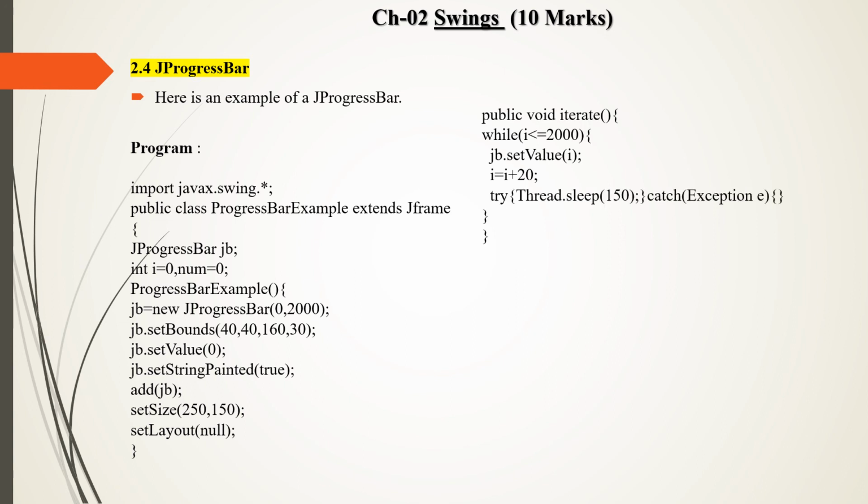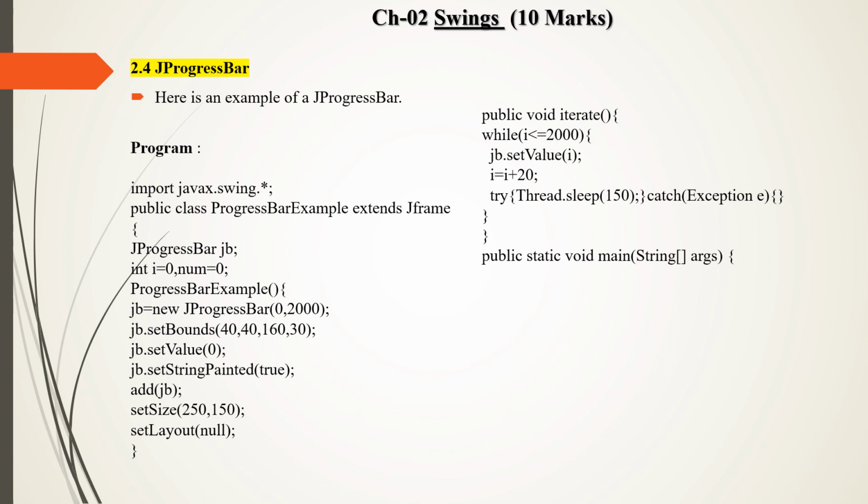Then we use some exception handling code, try. In the try block we call Thread.sleep, and also we define the catch. This concept we already studied in Java programming under exception handling.